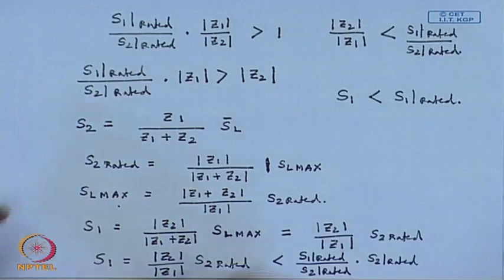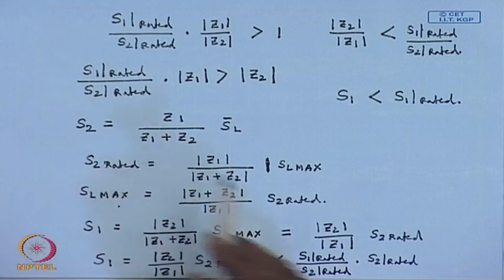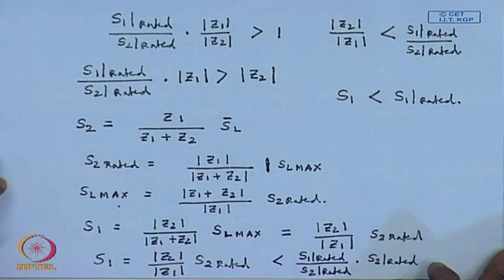Therefore, we see that if this relation is not satisfied, then one of the transformers with the lower series impedance reaches its kVA limit first, and beyond which it will not be possible to load the parallel combination. Therefore, the other transformer will still have some capacity left.